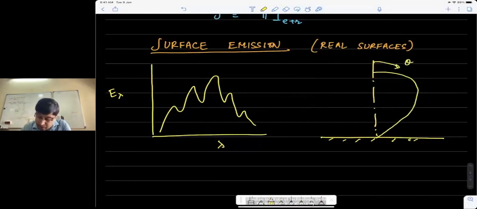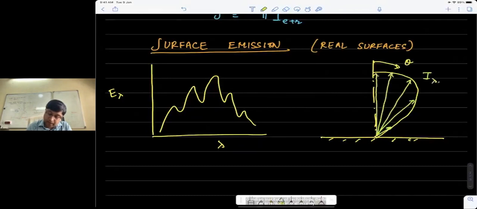So that is the polar angle. So we will have intensities being dependent on the angle theta. So this is you're plotting I lambda e.